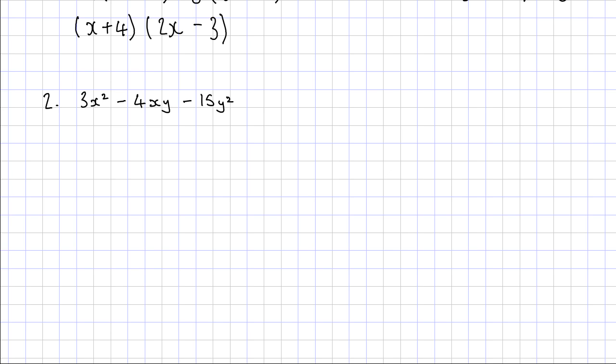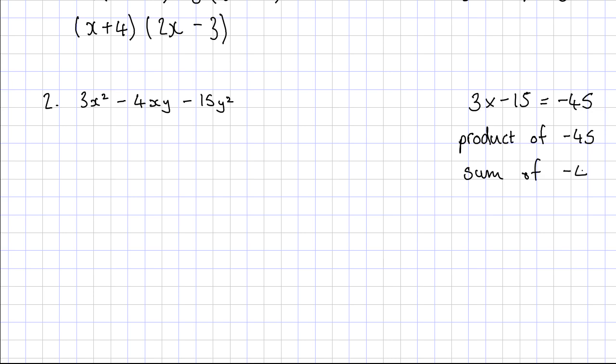So 3 times minus 15 is equal to minus 45. So I need two numbers that have a product of minus 45 and a sum of minus 4.